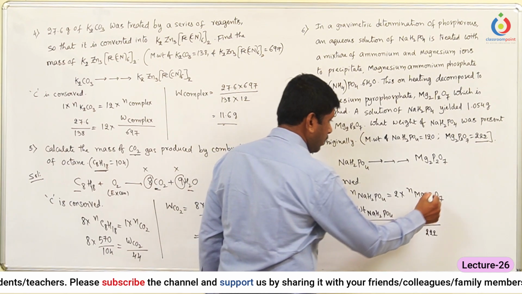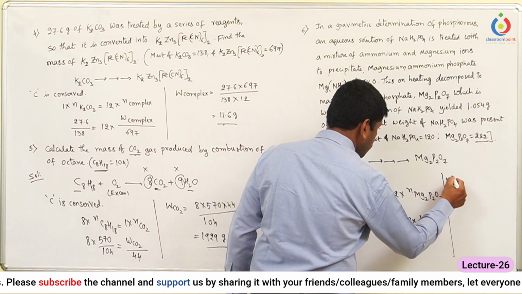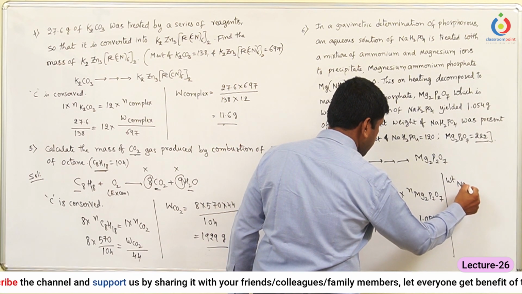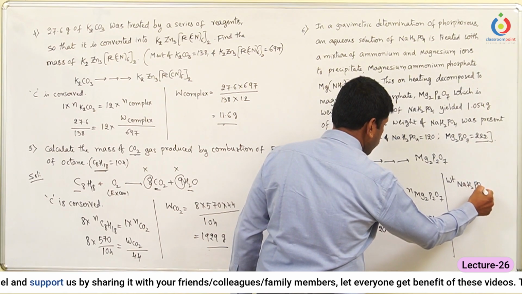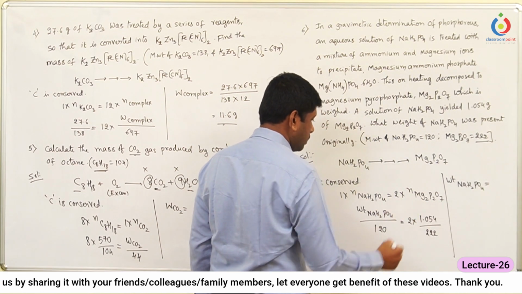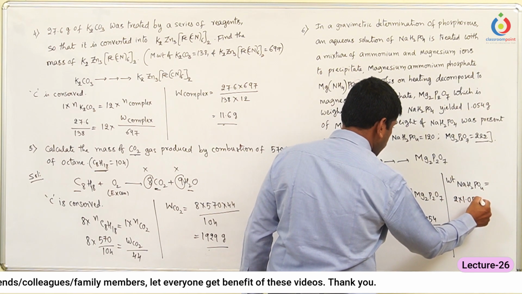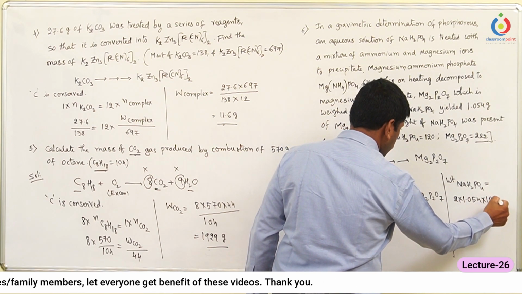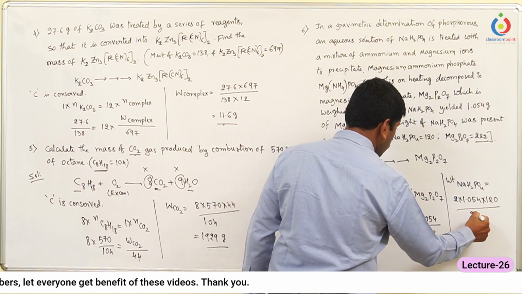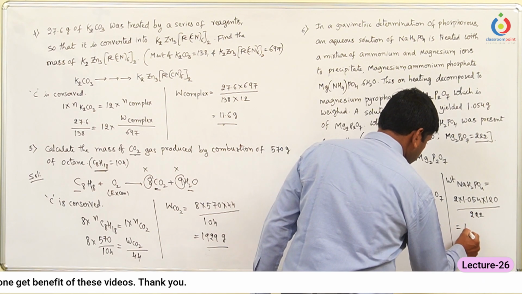So we can write that weight of NaH2PO4 is equal to, doing the cross multiplication, 2 into 1.054 into 120 divided by 222.